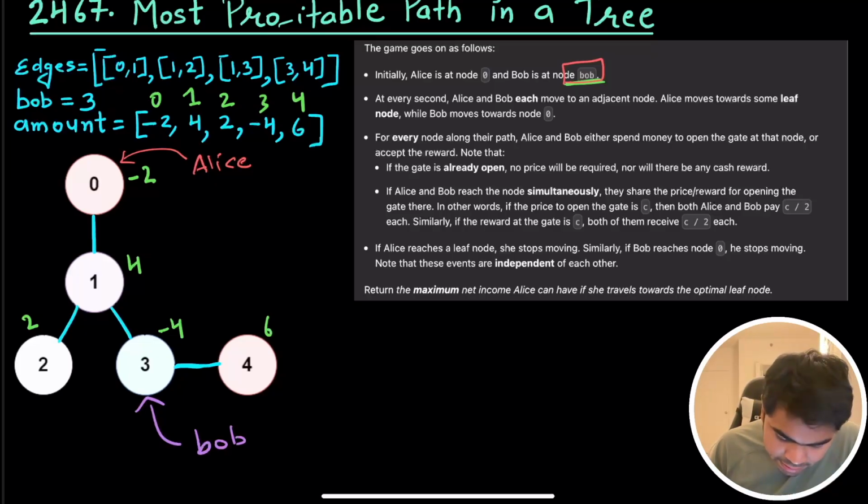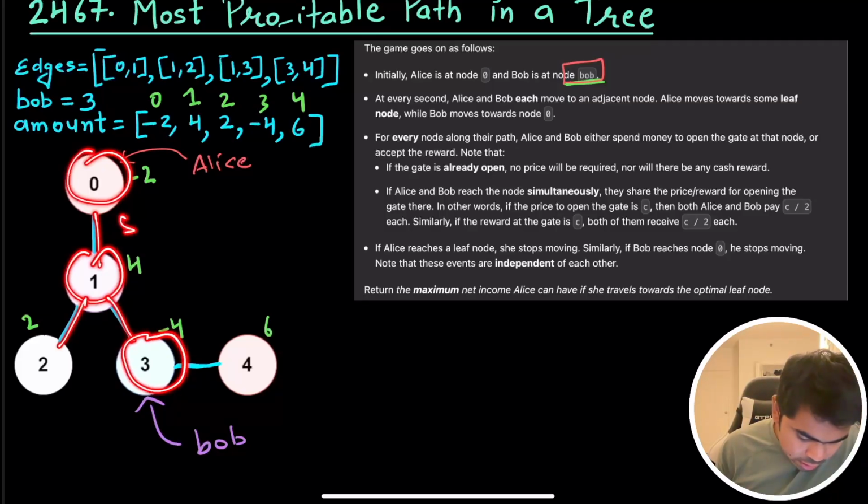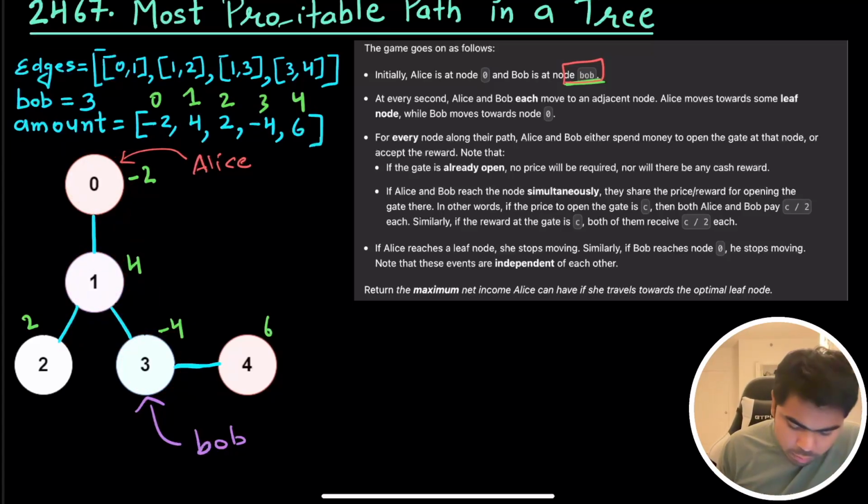Now at every second Alice and Bob each move to an adjacent node. Alice will move to its adjacent node, which is 1, and then from here she can either go to 2 or 3. She can choose one of those nodes, and it takes 1 second to move from one node to the adjacent node.